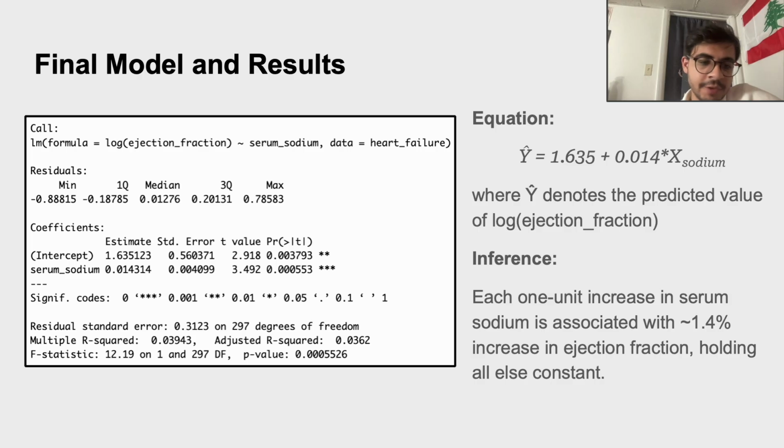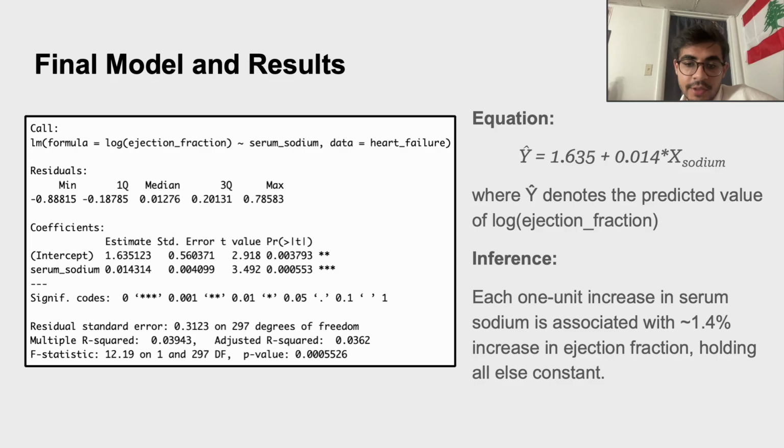So now the picture to the left shows the summary of the final model selected, and the equation of the final fitted model would be log ejection fraction is equal to 1.635 plus 0.014 multiplied by the serum sodium levels.